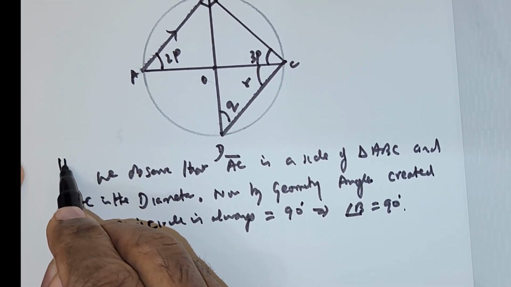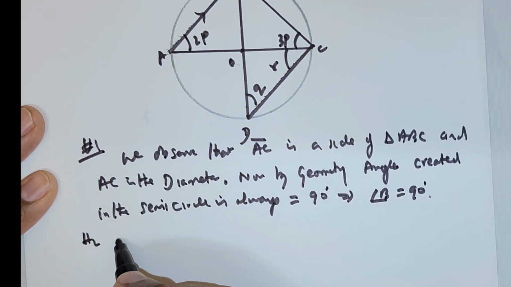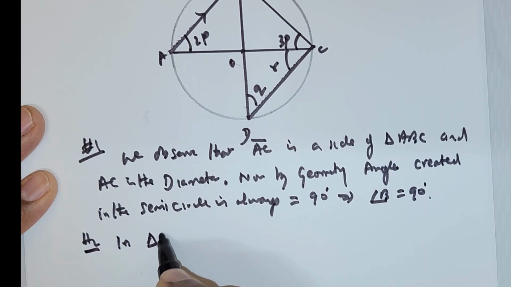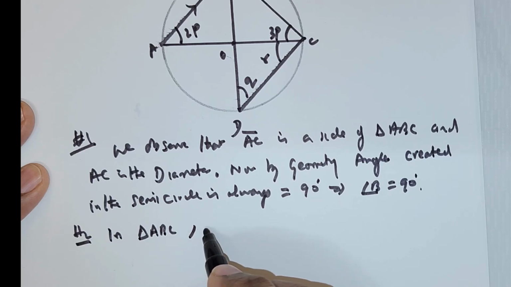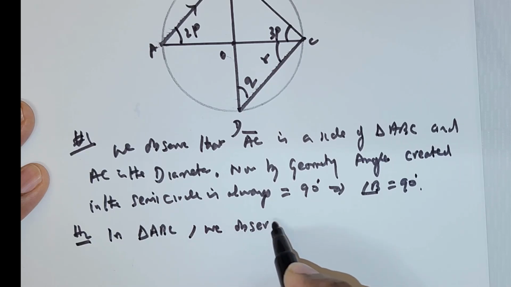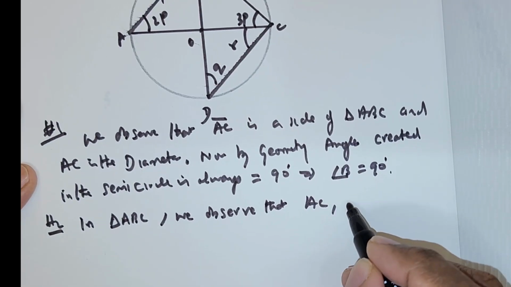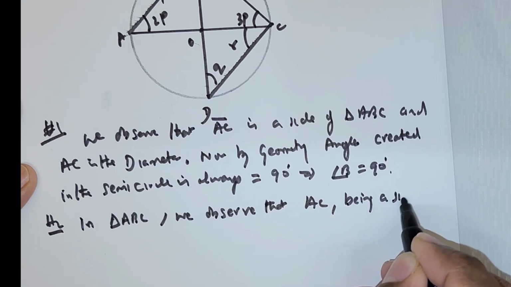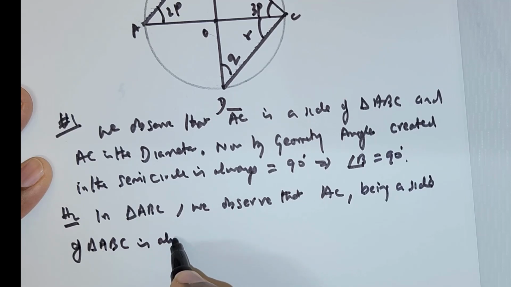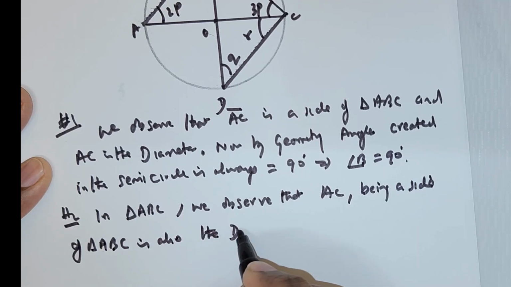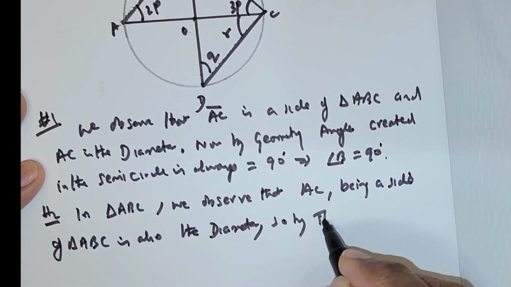Now this is one definition. I want to give you the second definition also. In triangle ABC, we observe that AC, being a side of triangle ABC, is also the diameter. So this is a very important theorem.